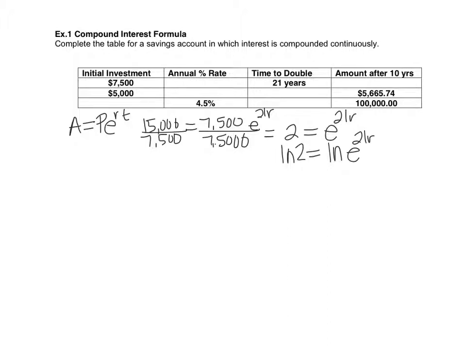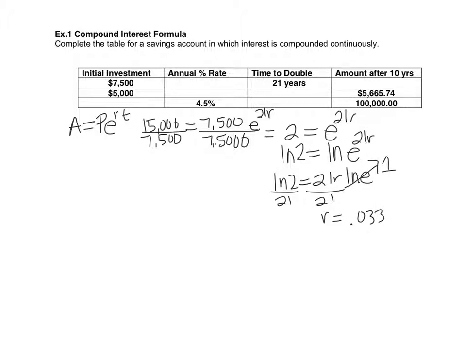So what I've got is ln of 2 equals 21r ln of e. Now remember, ln e goes to 1. So I've got ln 2 equals 21r. Divide by 21, divide by 21, and you get your rate, so in your calculators you'll want to type in ln of 2 divided by 21, and that gives us 0.033.